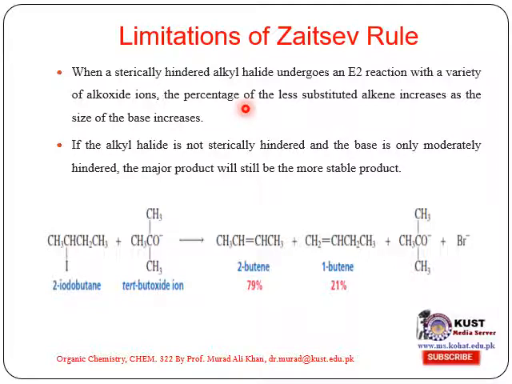If the alkyl halide is not sterically hindered and the base is only moderately hindered, the major product will still be the more stable product. If the base size is not so big, or the molecule is only moderately hindered, like here 2-iodobutane, then the more stable Zaitsev product will be the major product, 2-butene, and the 1-butene will be only the minor product, 21%.